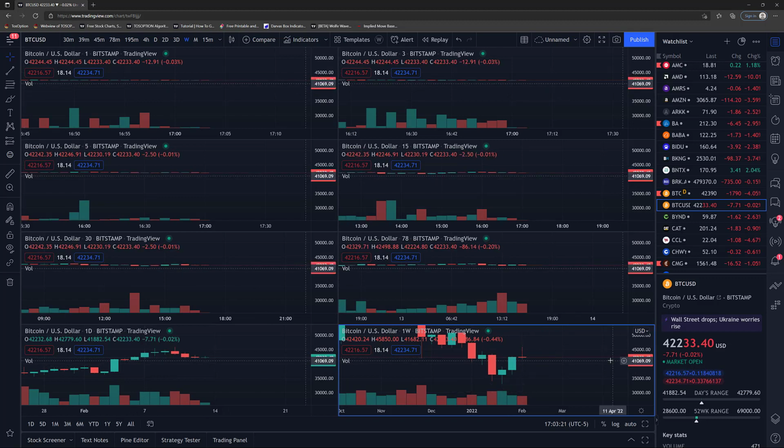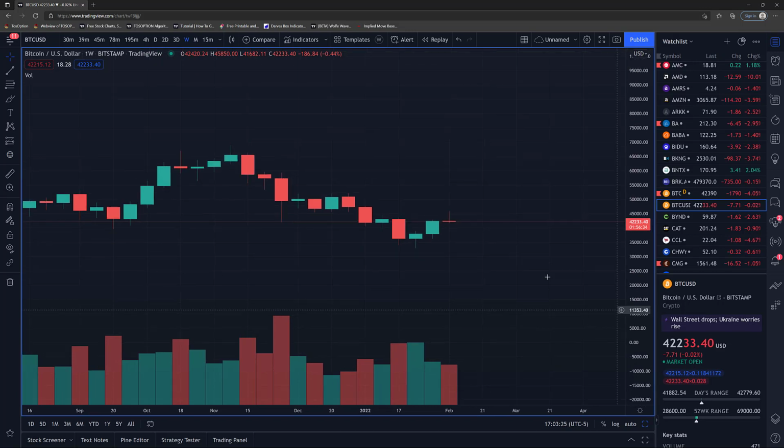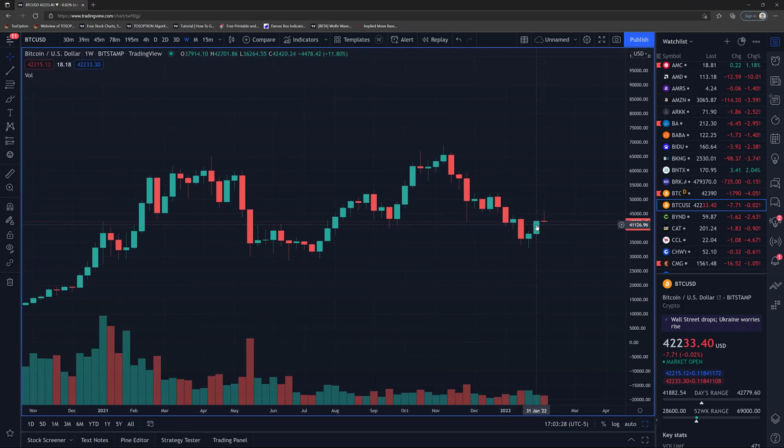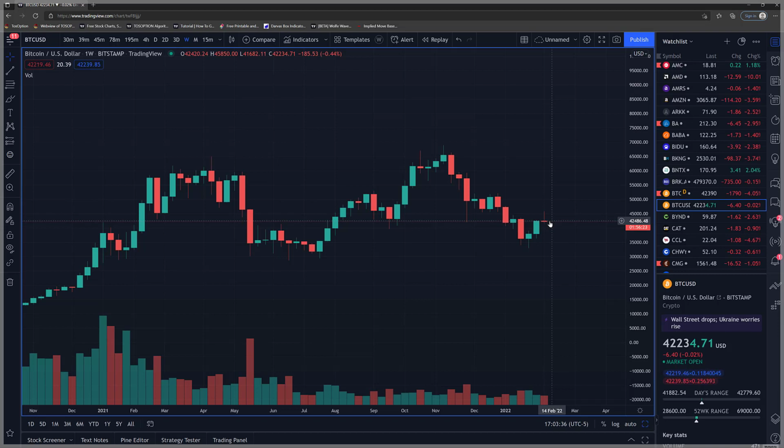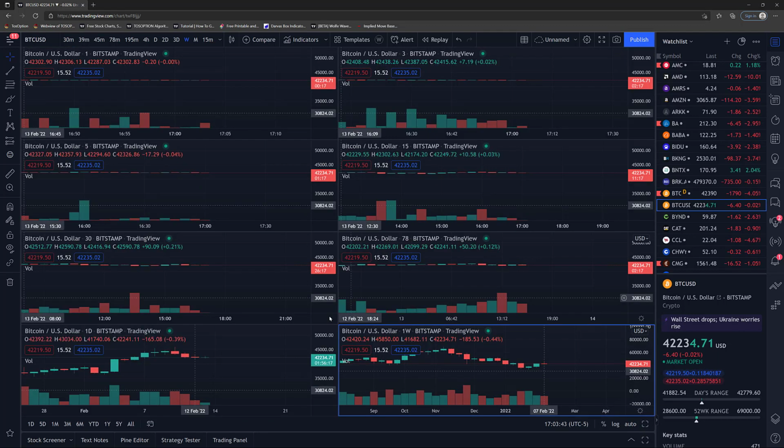So here on the weekly time frame, if we do some analysis on Bitcoin, it looks like Bitcoin is setting up for this BLT maybe this next week, the last week of February, if it remains in this form. But anyways, that's not part of the course.